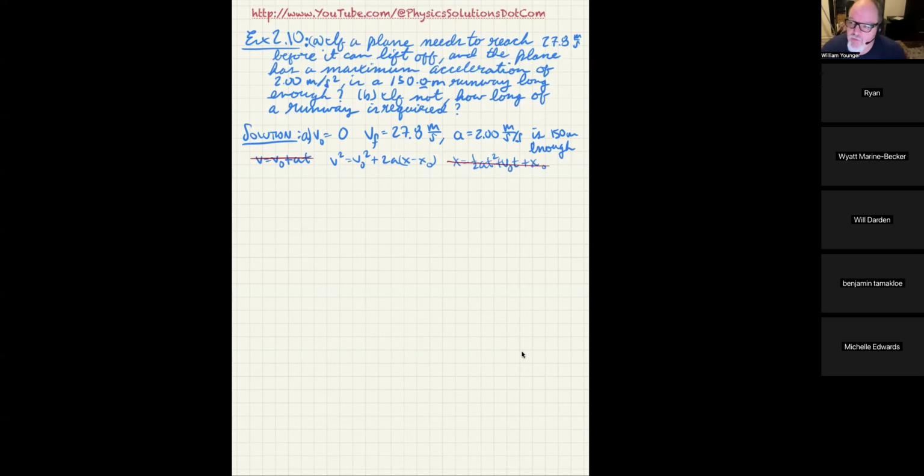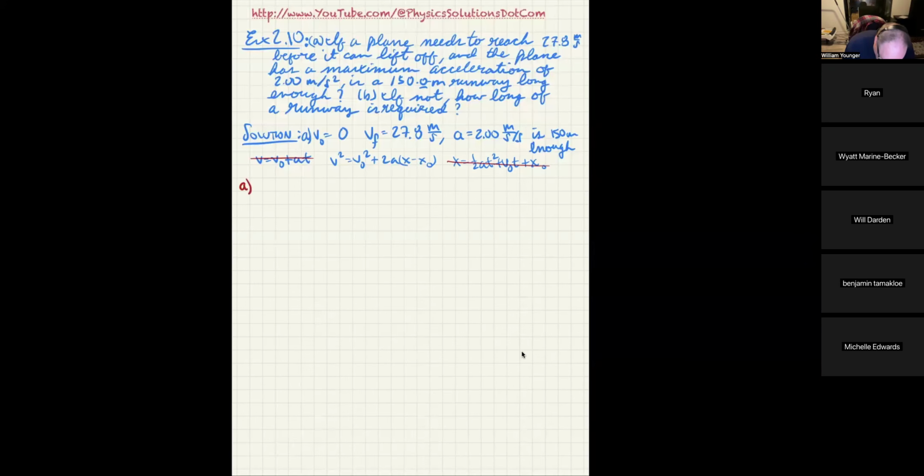You could assume that the final velocity is 27.8, and that would give us the distance required. You could solve for x minus x0, that's delta x. But that's sort of doing part one and part two all at the same time. So I'm going to try to do the problem like they meant. I'm going to see what is the final velocity if I assume that I only have 150 meters of runway.